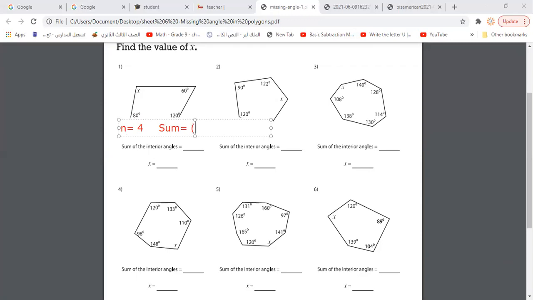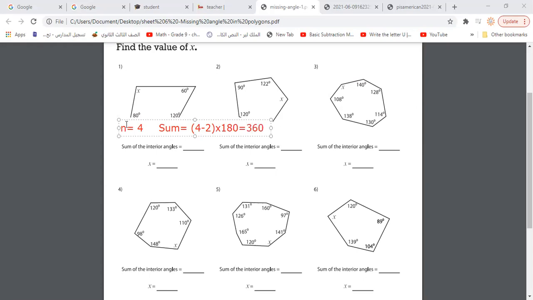If we want to calculate the sum, then we will replace n by how many? n equal 4. So it will be 4 minus 2 times 180. It will be equal how many? 360, right?